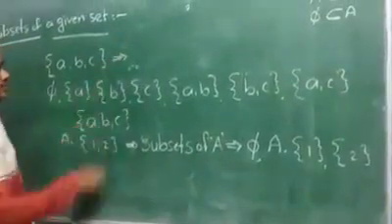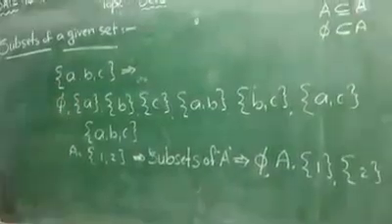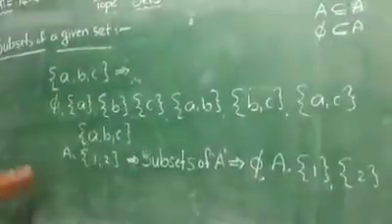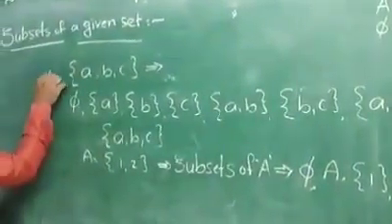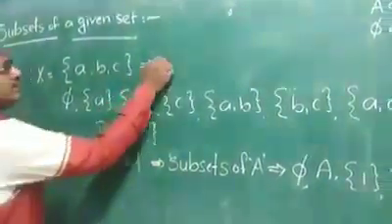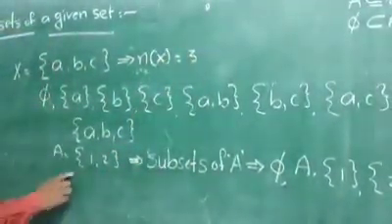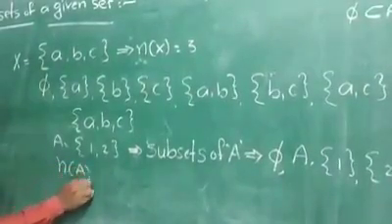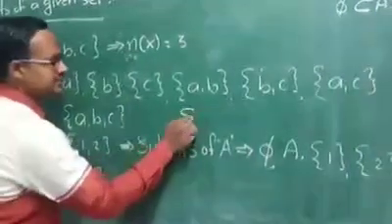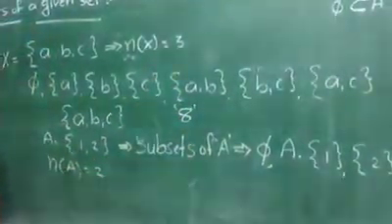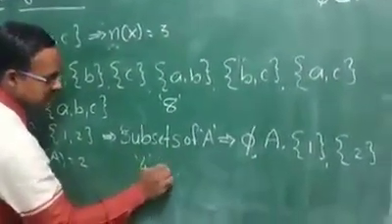In my first video I told you the number of elements in a set is known as its cardinal number. Suppose I am taking this set as X, then the number of elements in X is 3. Here the number of elements in A is 2. Now how many subsets do we have? 8 subsets when a set has 3 elements. Here 4 subsets.